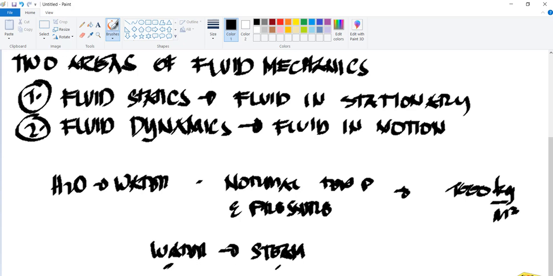And also the enthalpy and internal energy, which we will talk about later in thermodynamics. But those properties change, and those are the properties of our water. That is why it plays a vital role in the basic foundation of engineering subjects.